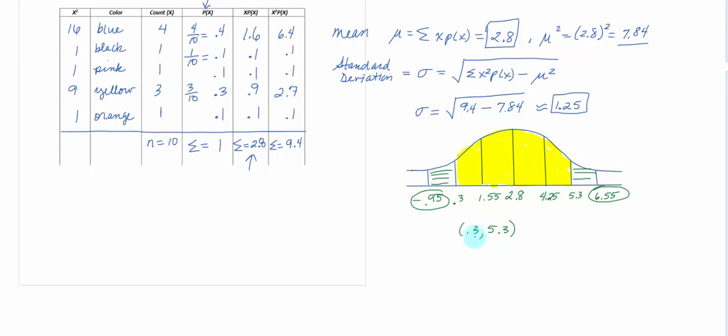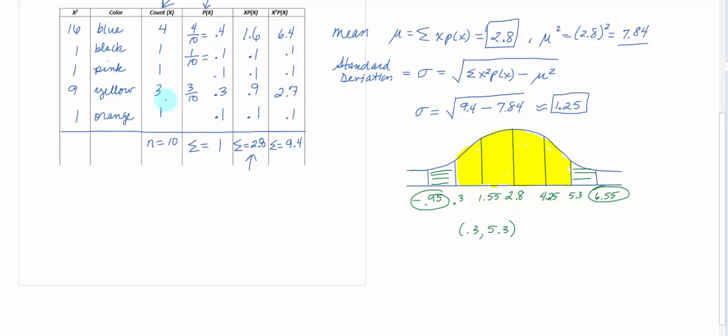Now that we have the correct interval for our x values, we can go back to the table and look at the column for count. And we're going to look for any counts that fall between 0.3 and 5.3. So 4 is a number that falls between 0.3 and 5.3. 1 falls in the interval.